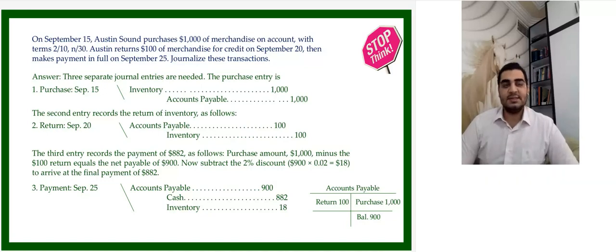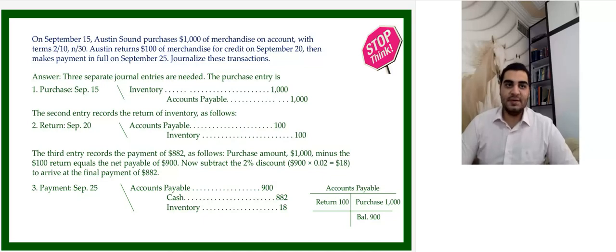Then for the second entry, the inventory was returned to the seller. So our accounts payable is debited for $100, but our inventory is credited for $100. It's exactly the opposite of the upper entry, as you see here.